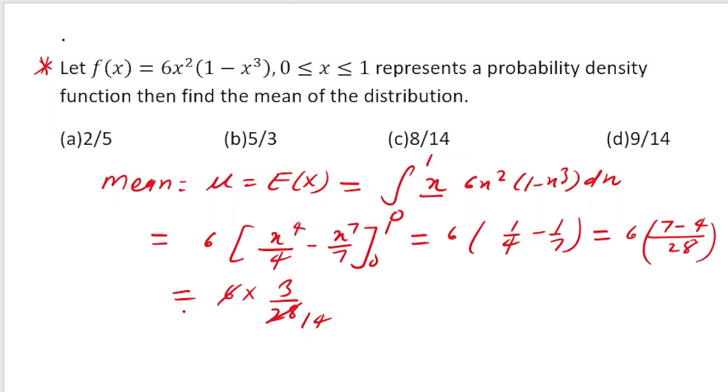How much should I get? So 6 into 3 by 28, so from 2 it will become 14, it will become 3, right? So I will get 9 by 14. So I got the correct answer, that is D. Be careful about the calculation.